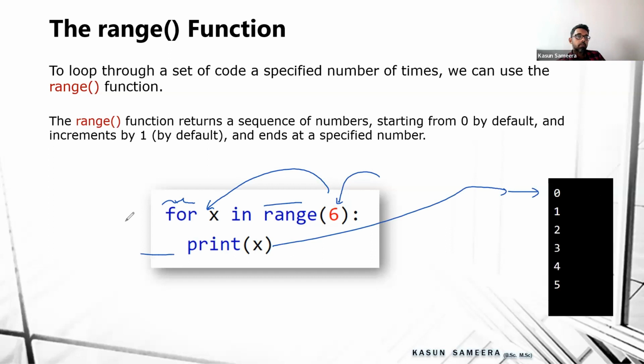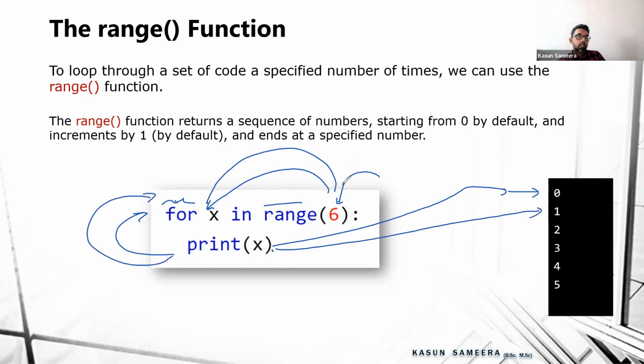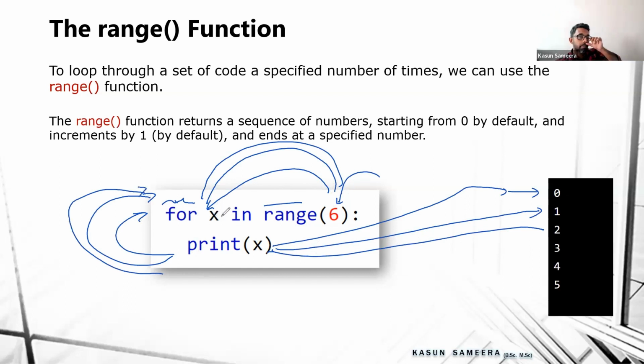Then go up again, assign the second number, which is 1, and print it. Again it goes up, assign the third value, which is 2, print it. This is how it works. Repeat the same step again and again. But remember, the last number is not going to execute, the sixth one, because we start with 0. This is what is important: in range, start with 0, ends with 5.